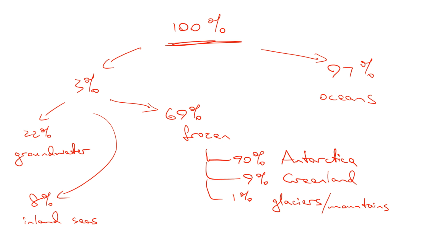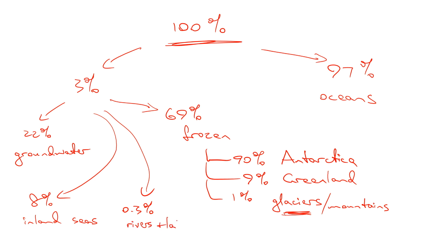What about the drinking water that we can use, because we do like to drink water? Well, a lot of the world's population actually gets its drinking water from the meltwater of the glaciers up in the Himalayas. But really, take all these numbers away from our 100%, and we're left with roughly 0.3% of the 3% of all the water as fresh water in rivers and lakes.